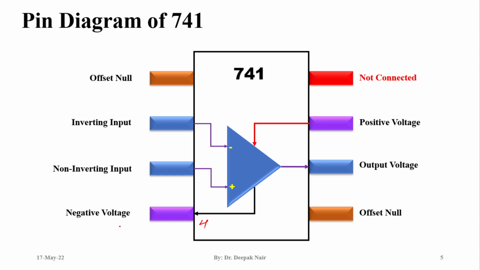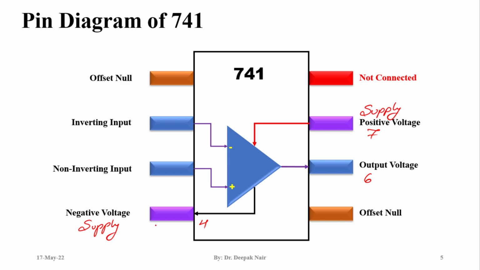Pin number 4 is negative supply voltage. So we provide the supply voltage from pin number 4 and that should be negative voltage. Pin number 6 is our output voltage. So the amplified output will be received at pin number 6. Pin number 7 is used to provide the supply voltage and that supply voltage should be positive.